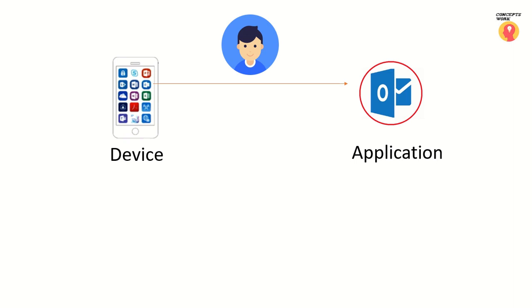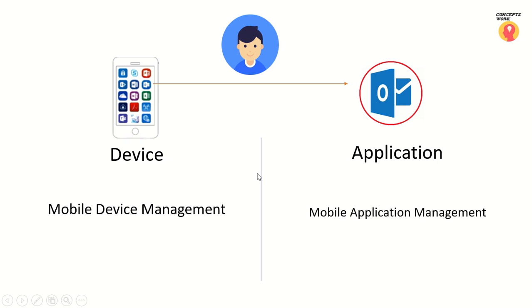The part of Microsoft Intune which will help you to manage the device is called mobile device management, the common term that you might have heard about Microsoft Intune. And the part of the Microsoft Intune service which will help you to manage applications is called mobile application management.